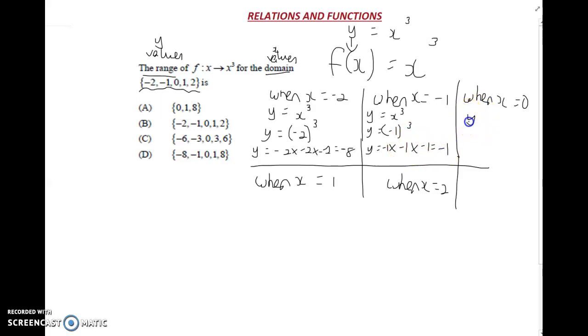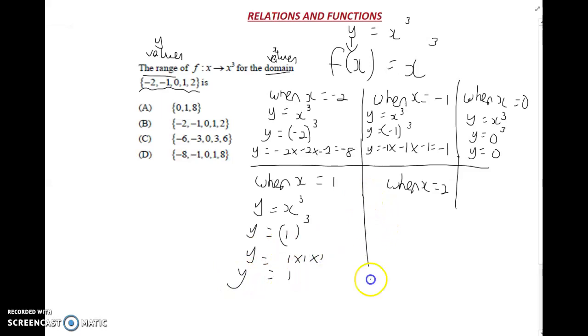Alright. When x is 0, well, 0 to the power 3 is 0. Now let's do it for when x is 1. So that's 1 to the power 3, so that's 1 by 1 by 1, which is 1.